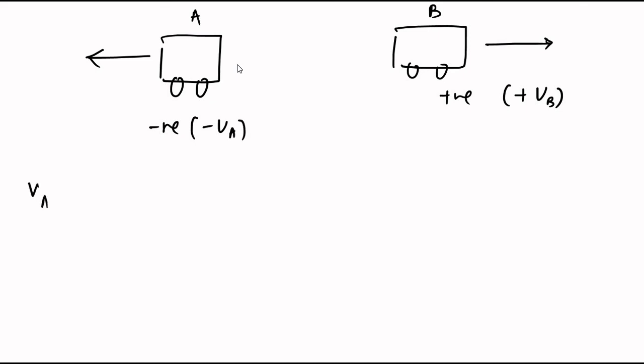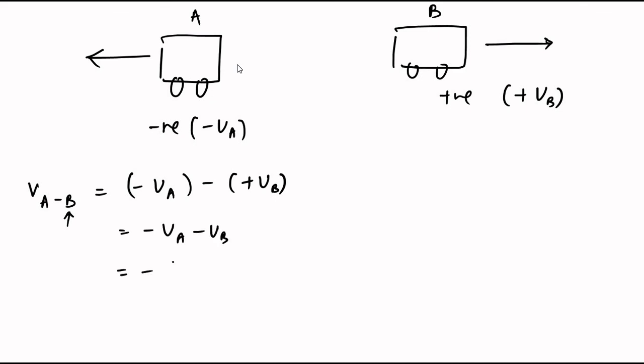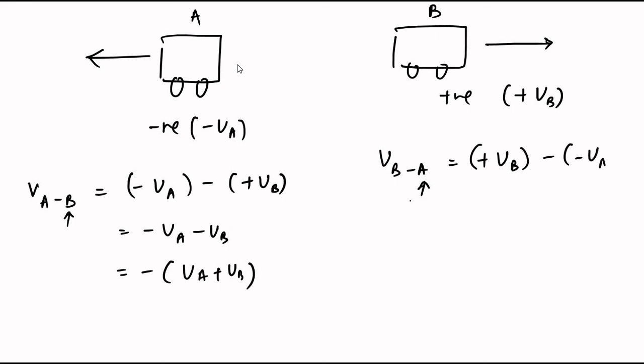So the velocity of A with respect to B, with B as the reference, is minus VA minus VB. And VBA, with A as the reference, will be plus VB minus (minus VA), which is VB plus VA.